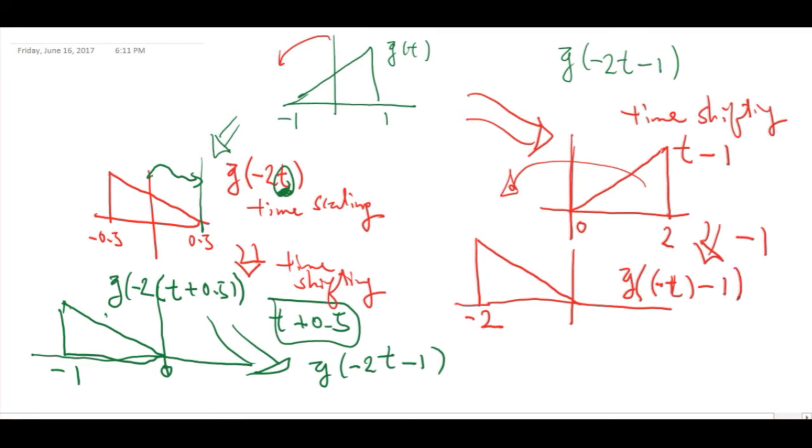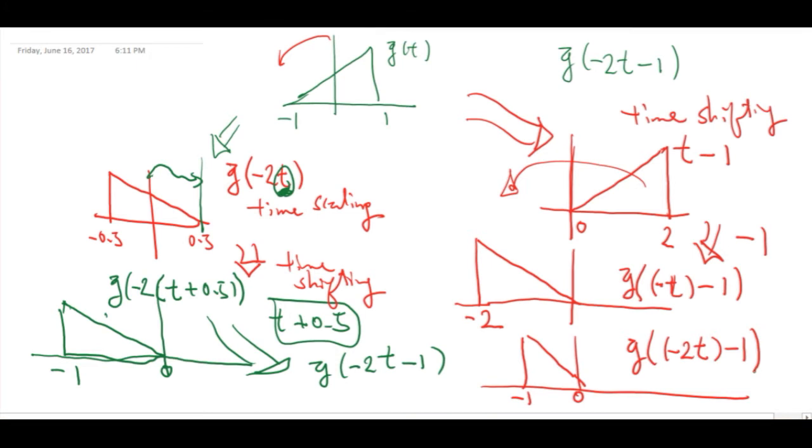Okay, now the last step is we would like to compress it. So we are going to do it something like that. Then this one becomes -1, 0. So this one will become g(-2t - 1). Now, basically, when you compare this and that, they are the same. But we are doing two different processes.